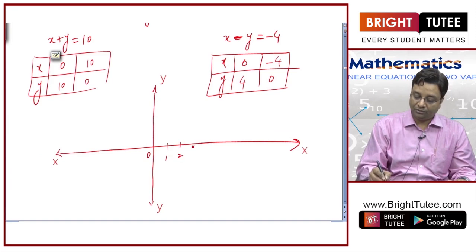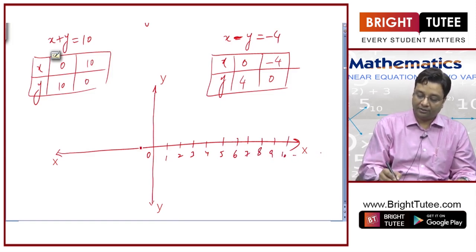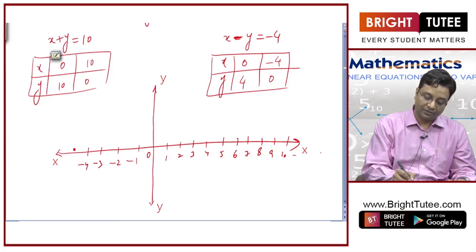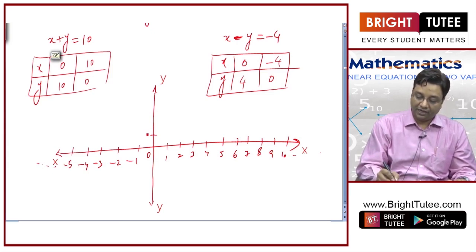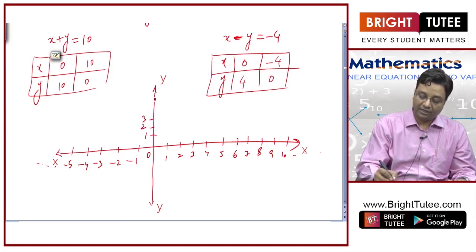This is 1, 2, 3, 4, 5. We would require up to 10. Okay. And on the negative side, we would require up to minus 4, so let me take up to minus 5. And on the y axis, I would require up to 10.